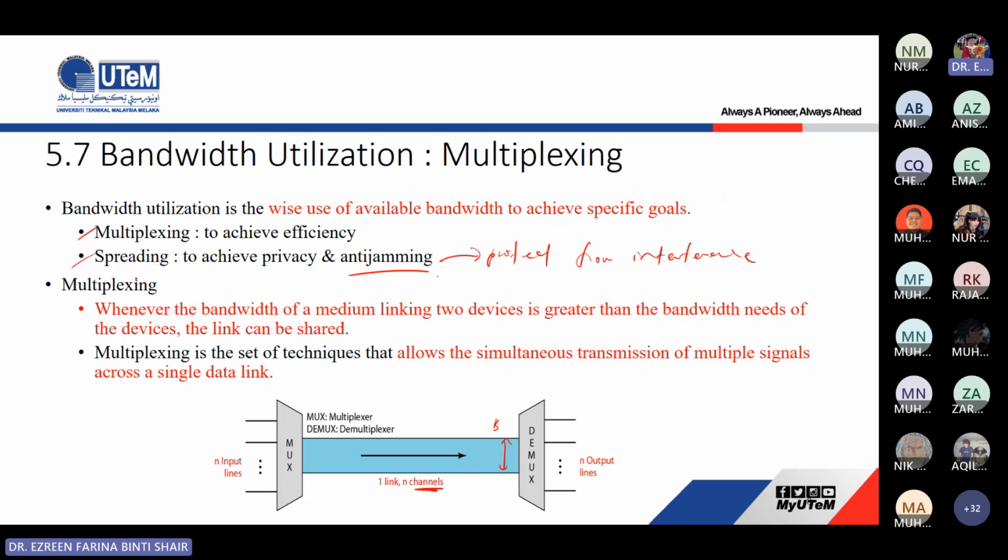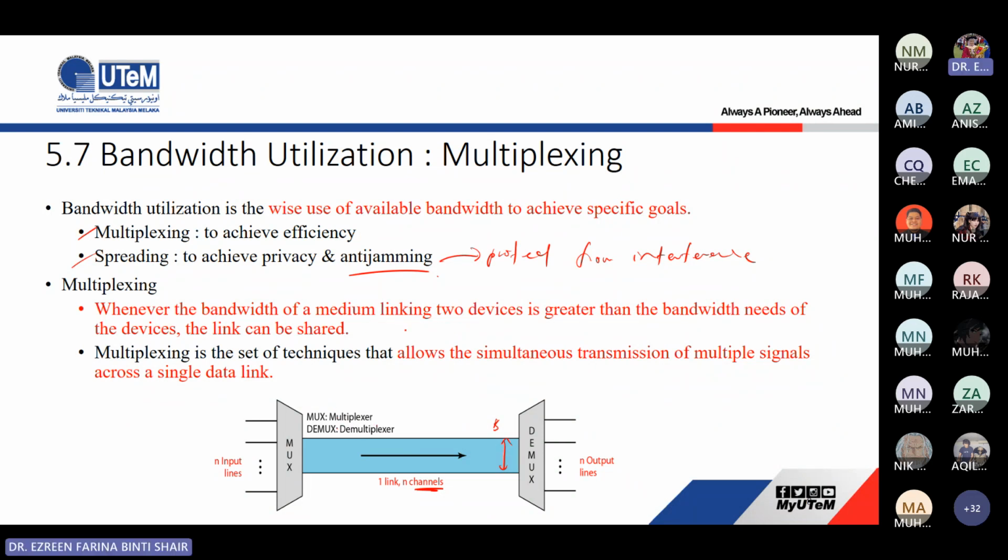I'm sure that all of you already heard about multiplexing before this. Basically, with a multiplexer, you have multiple inputs and you want to make the output only one line. So this is the process of multiplexing.